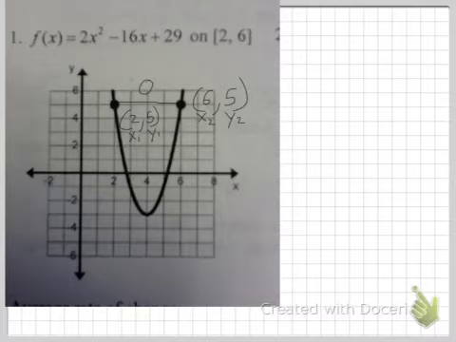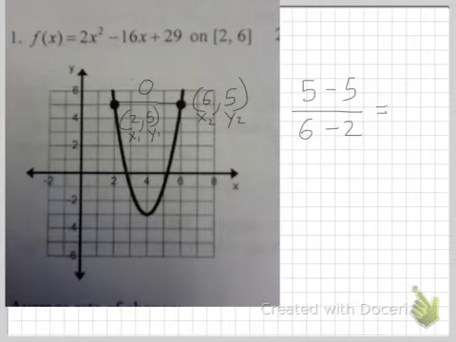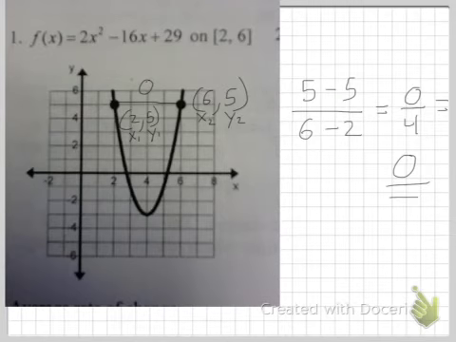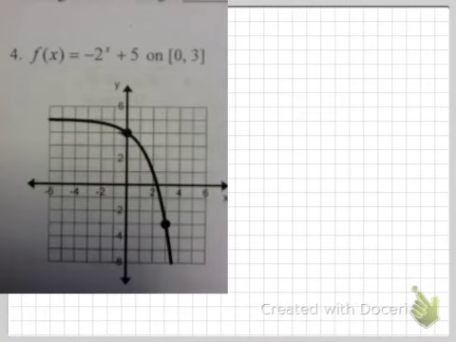So y2 is 5, y1 is 5, x2 is 6, and x1 is 2. That leaves us with 0 over 4, which is equal to 0, which is what we assumed would be our average rate of change. So let's look at another problem.